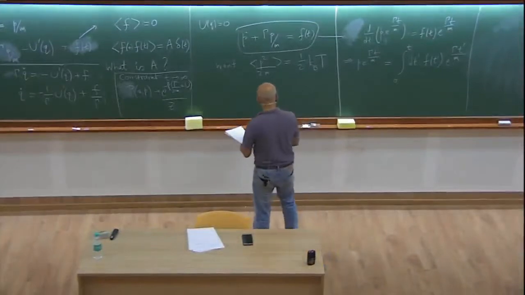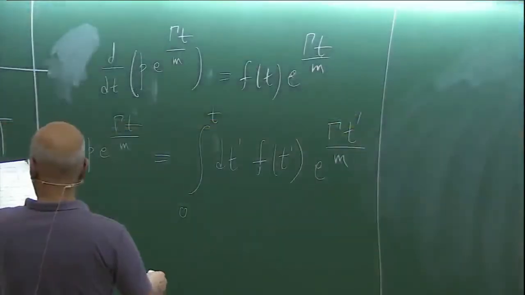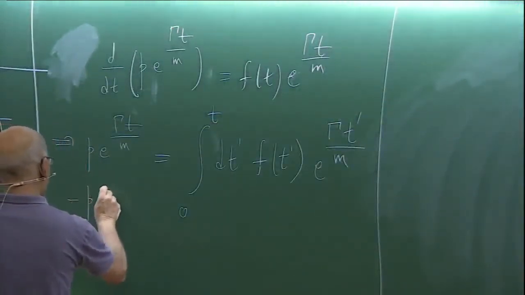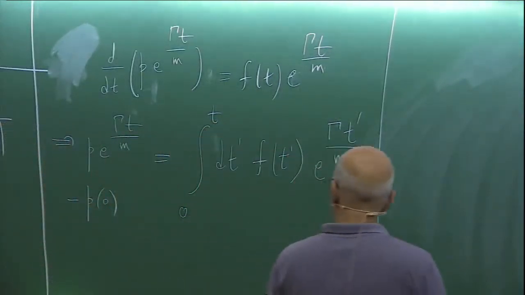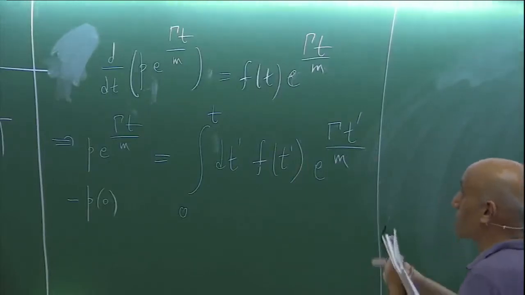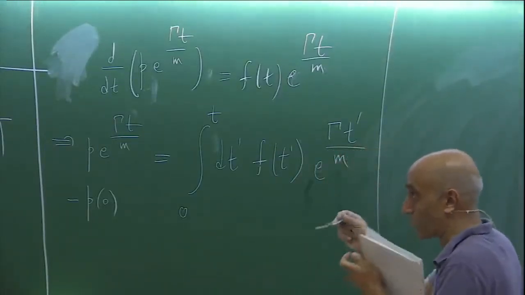Yes, I'm sorry, I just left out the P of 0. So P minus P of 0. Yeah, thank you. My worry is only that I want to write on the board what I have in my notes. I don't want to improvise. So thanks very much.